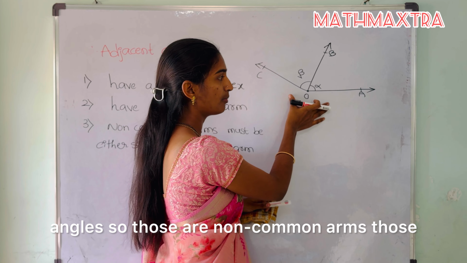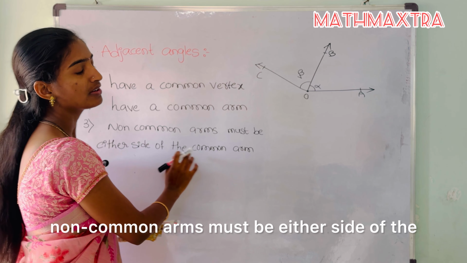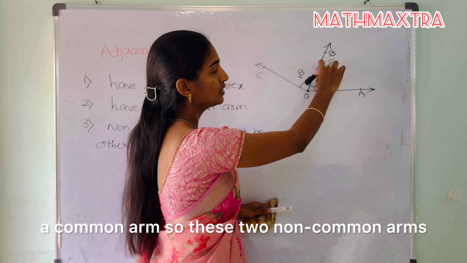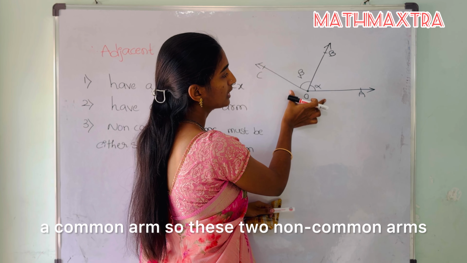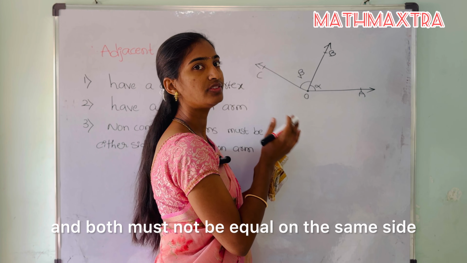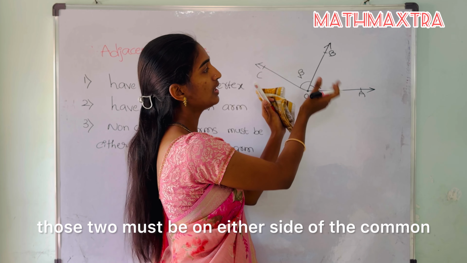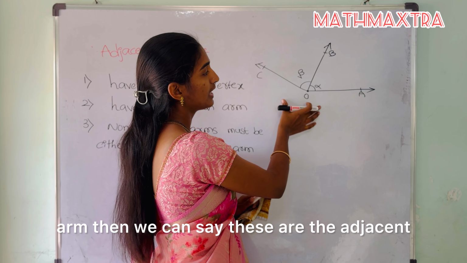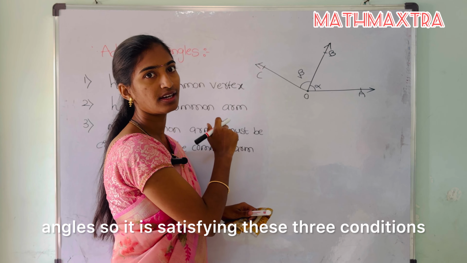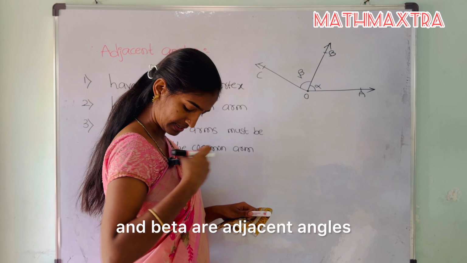Those non-common arms must be on either side of the common arm, and both must not be on the same side. Then we can say these are adjacent angles. So it is satisfying these three conditions. That is why we can say alpha and beta are adjacent angles.